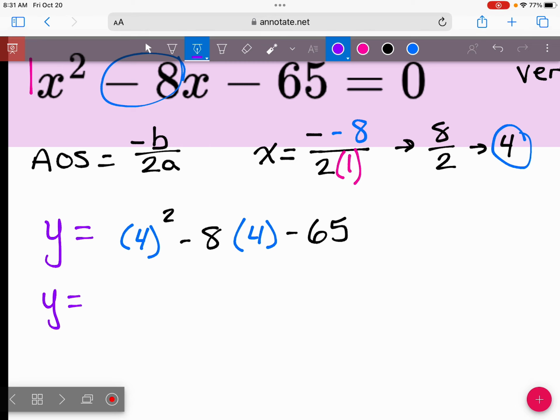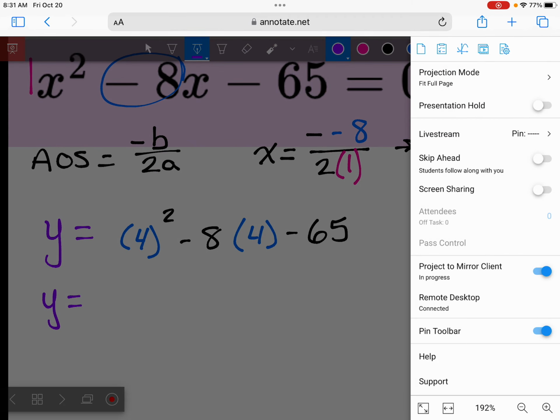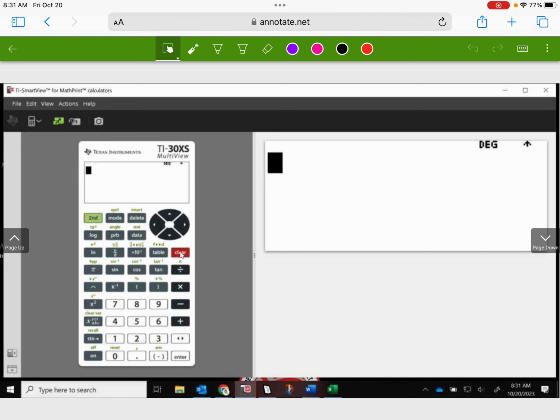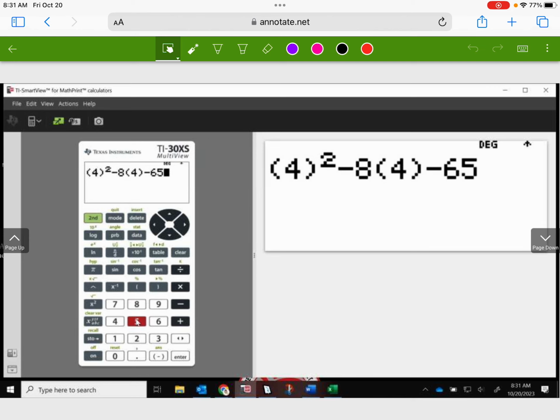And we're going to type that in the calculator. So we're going to have 4 squared minus 8 times 4 minus 65. I think I did that right. Yeah. And we should get -81.